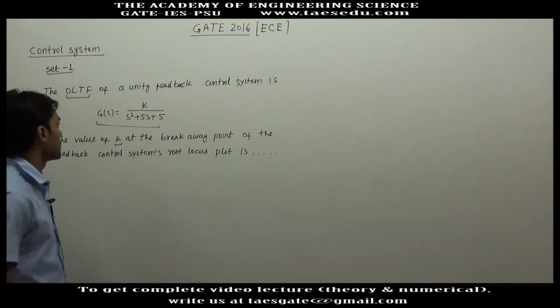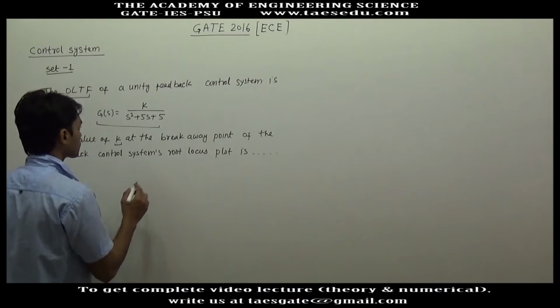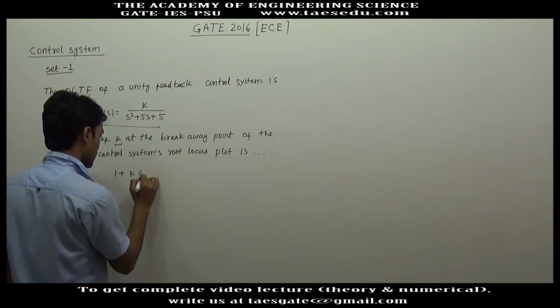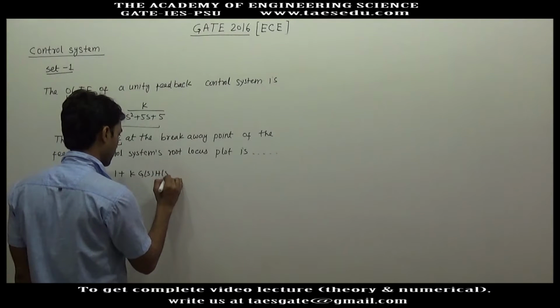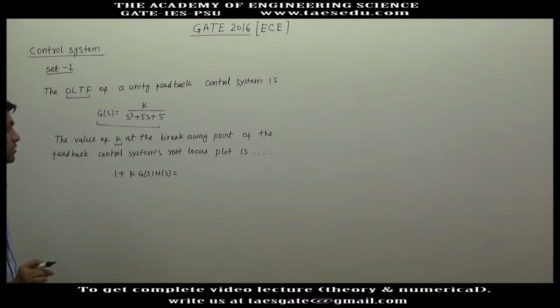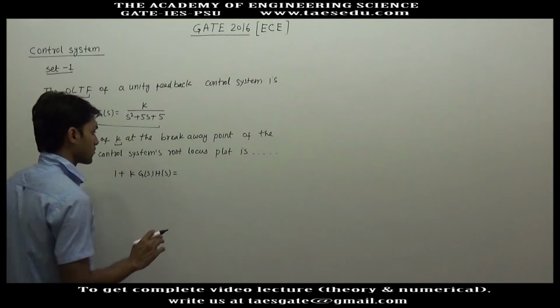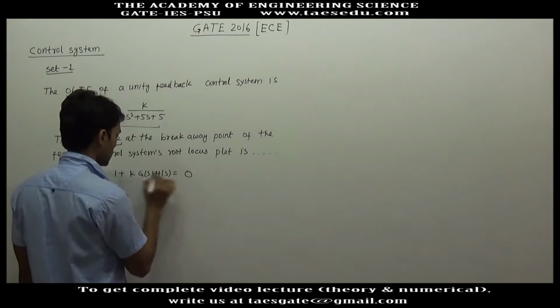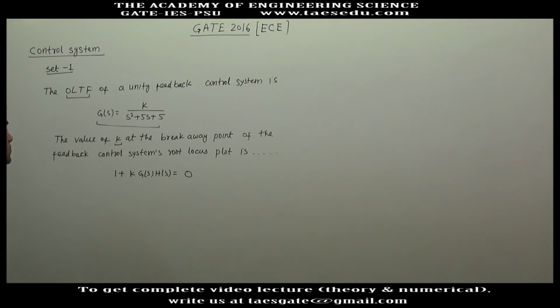So to find the breakaway point, what do we do? We write the equation 1 plus KG(s)H(s). This gives the characteristic equation of the closed loop system, and on the root locus 1 plus KG(s)H(s) will be 0.